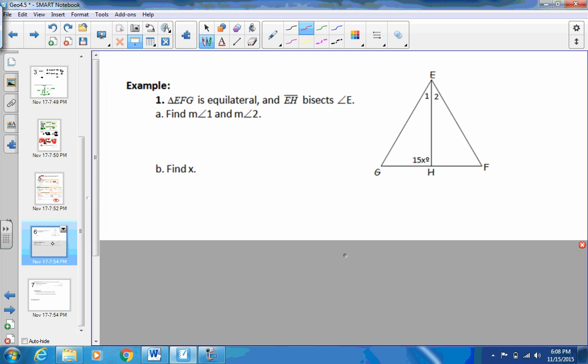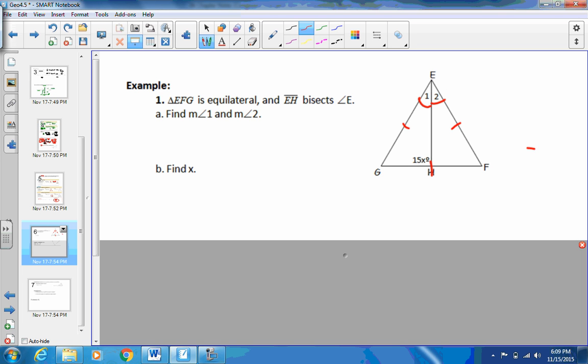I'd like to go through one example, and then we'll go through the proof together as a class. So, number one, it says triangle EFG is equilateral. So we know that segment GE is congruent to this one, which is congruent to this one. And segment EH bisects angle E, meaning that these two angles are congruent. Angles 1 and 2 are congruent.